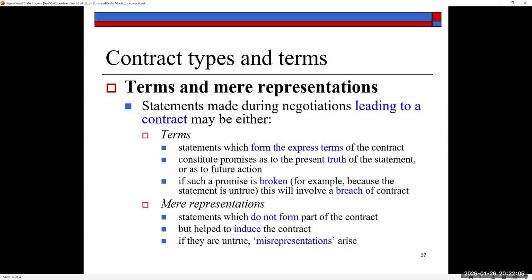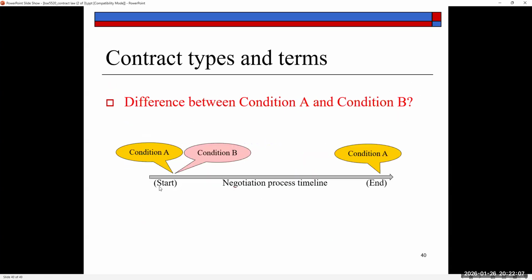Some statements, some conditions mentioned here, say condition B is mentioned here, which is untrue. Okay, say condition B is: I'm going to sell you a car. The car is in blue color. Okay, but in the end, during the transaction, the car is found to be in red color.